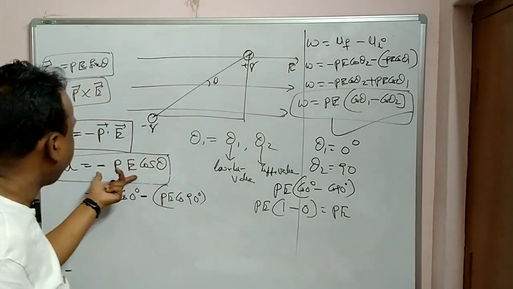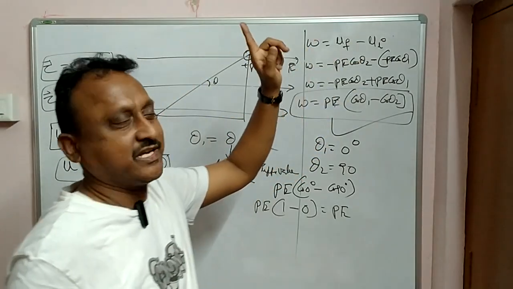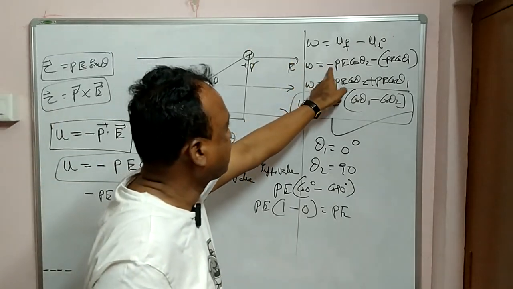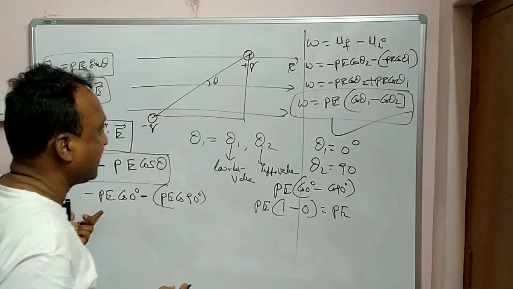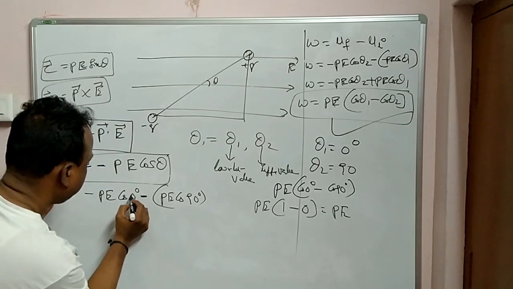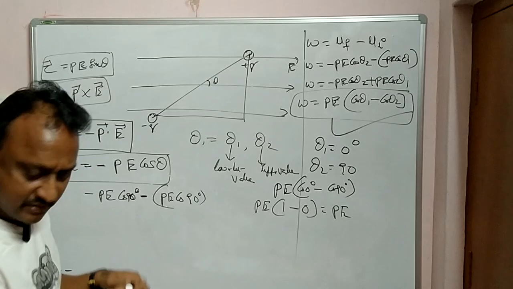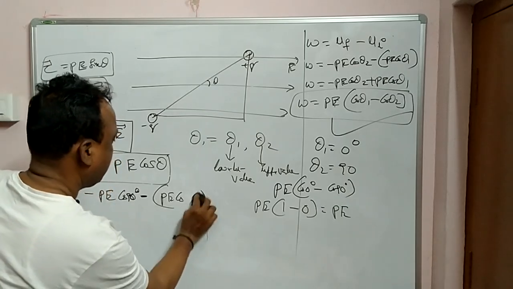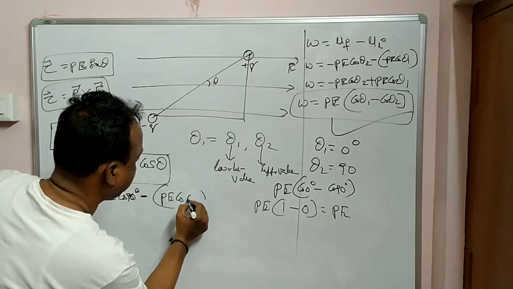Here work done means electrostatic potential energy, U final minus U initial. That is why it is written as minus PE cos theta 2 minus PE cos theta 1, with theta 2 being 90 degrees.